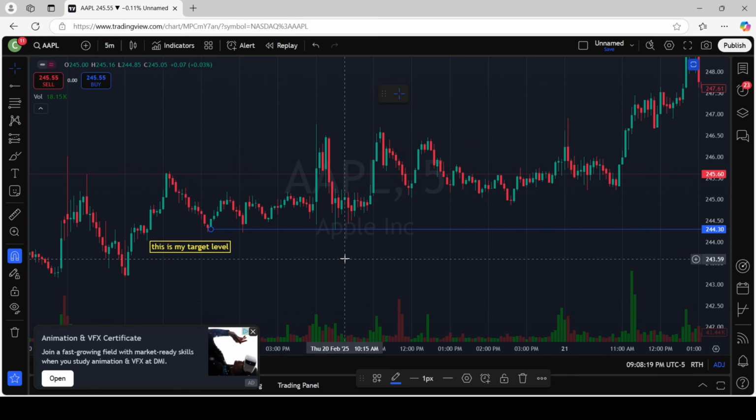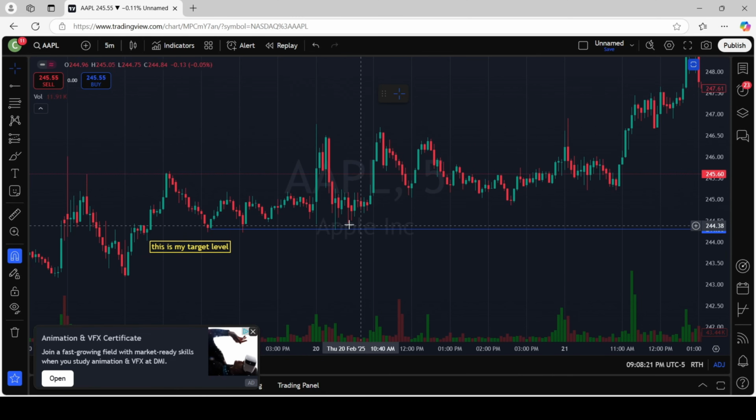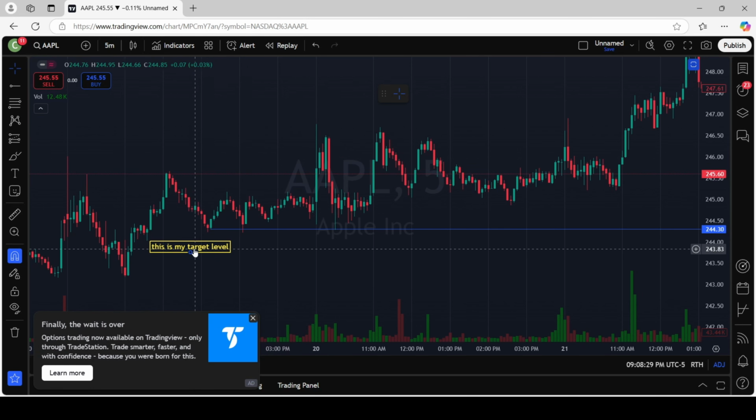I'm telling myself, hey, this is my target level. If it hits this, I'm looking to get in. That's just a reminder because sometimes it takes days or hours and you're on to the next trade. When you come back, you got notation to let you know what you're looking for on the trade. So you can use the text option for that.